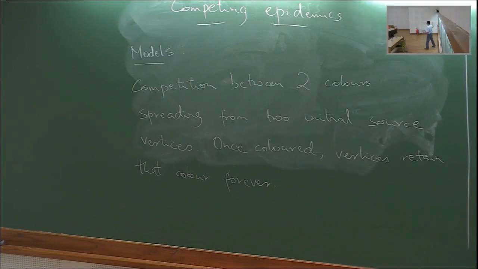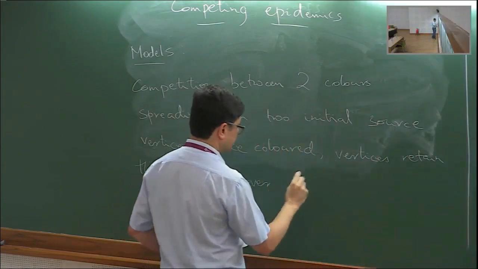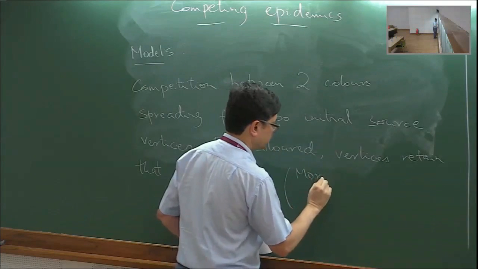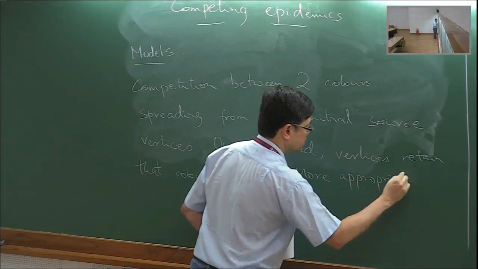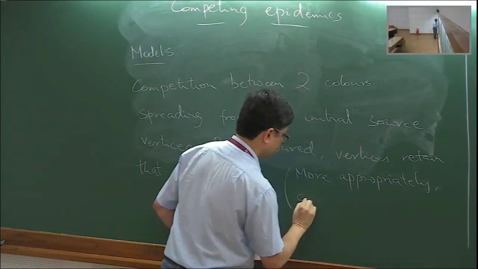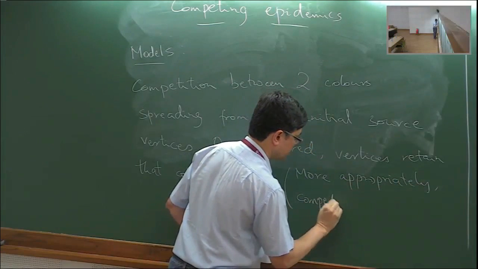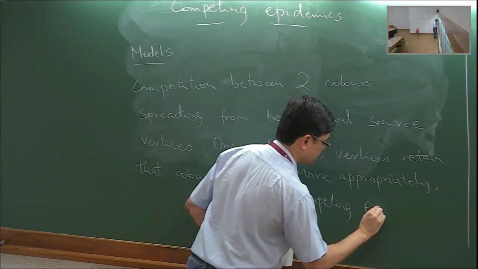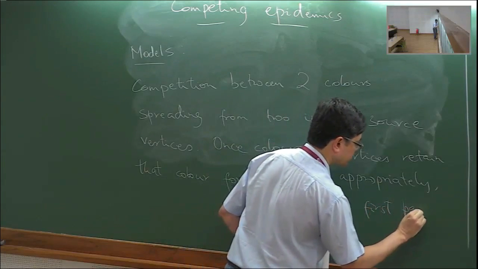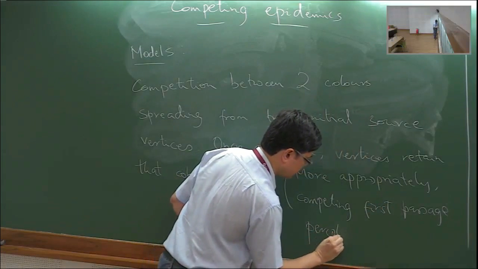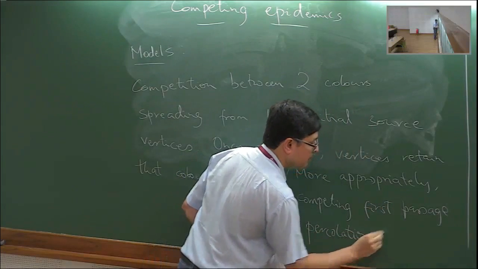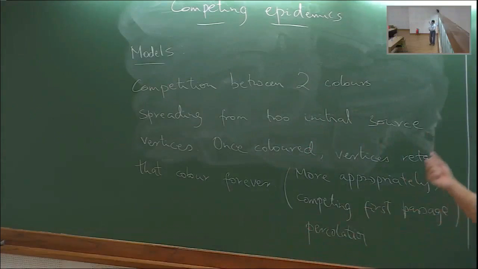Okay, so this is really not a model of epidemics, but of first passage percolation. You're asking which color do you acquire first?